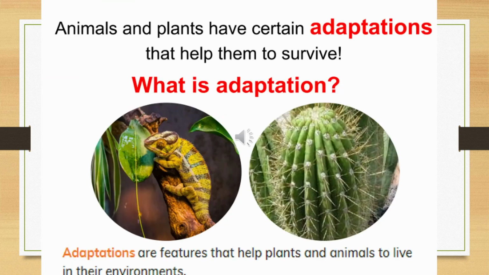Usually, animals or plants that are living or growing in extreme conditions have certain adaptations that can help them to survive that. Wait, but what is adaptation? Adaptations are features that help the plants as well as the animals to live in their environment.